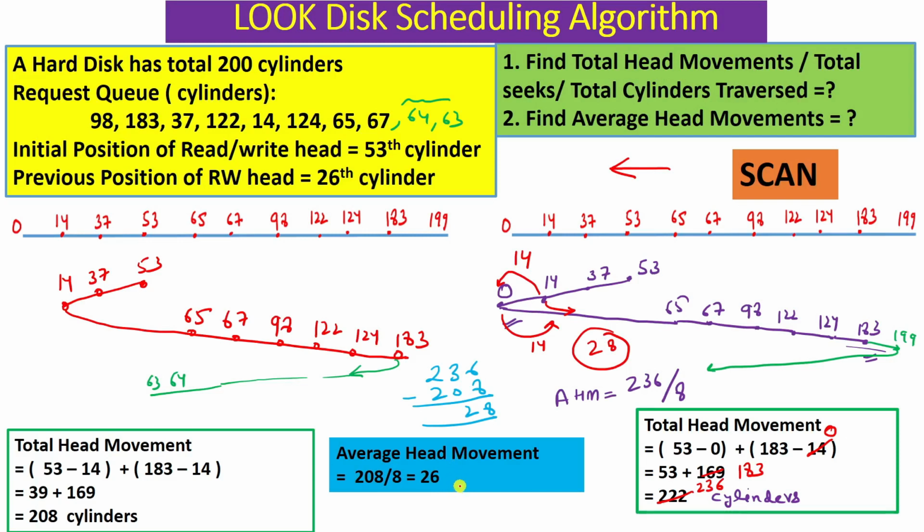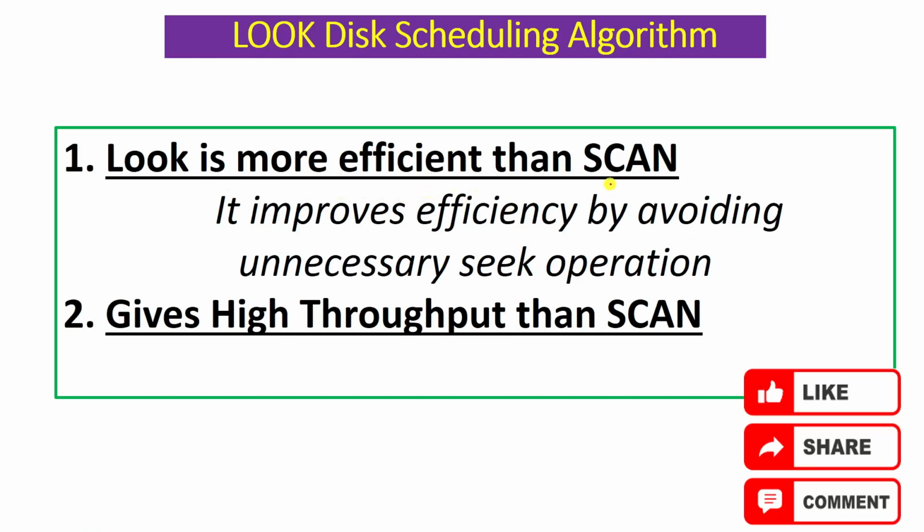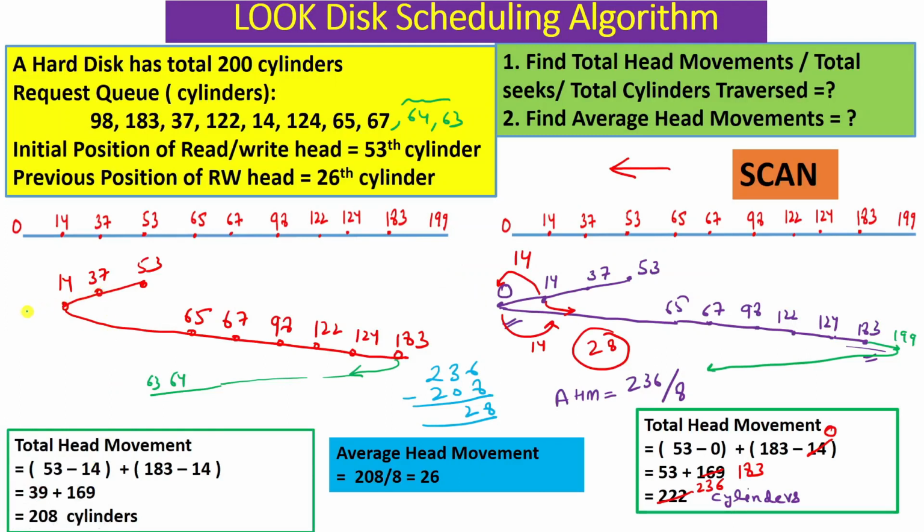If you observe carefully, we can see that the LOOK algorithm is better than the SCAN algorithm. So basically, the LOOK algorithm is more efficient than the SCAN algorithm. And how? We are improving the efficiency by avoiding unnecessary seek operations. What does it mean? In LOOK, we are not going to the last cylinders, like 14 to 0. We are not going because 0 is not present.